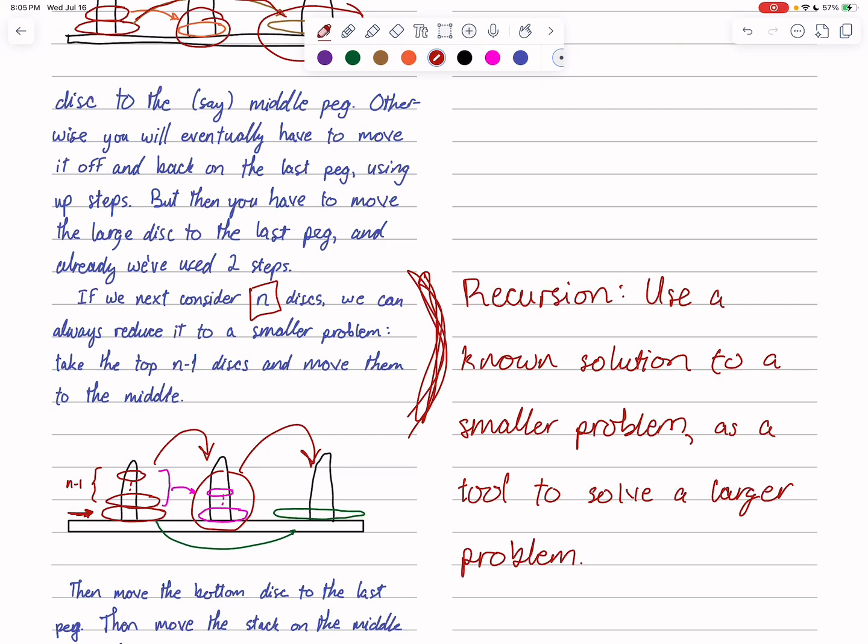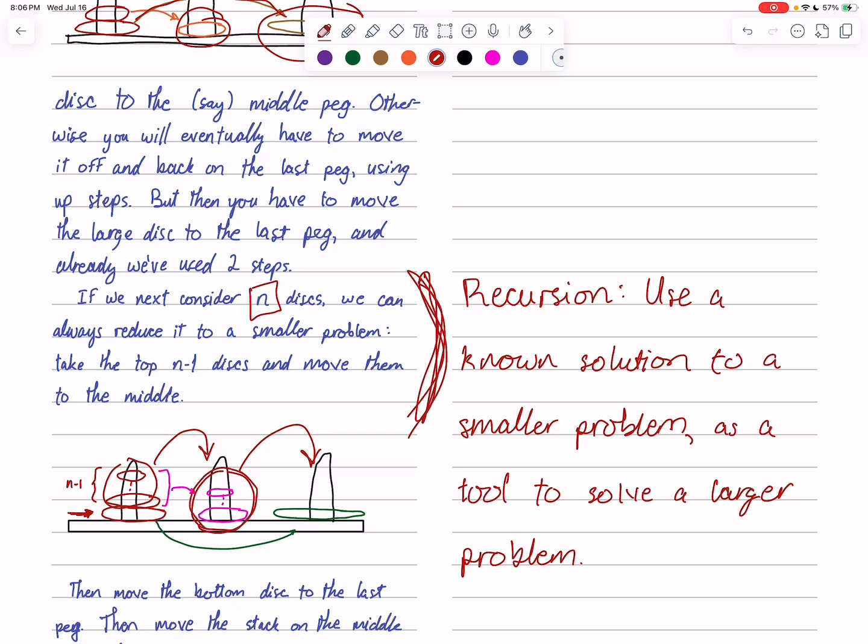Because with n equal to 3, we apply our solution for the top two disks to move everything over to the middle peg. I know when we talked about the solution for n equal to 2, we moved everything to the third peg, but obviously that doesn't matter. Whatever we did to move everything to the third peg, we could just tweak it so that everything moves over to the second peg instead.